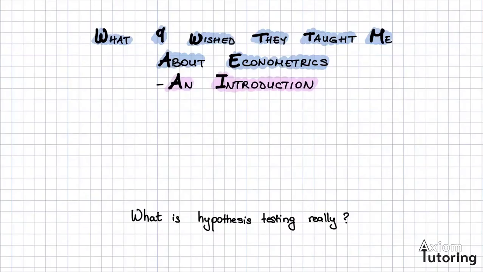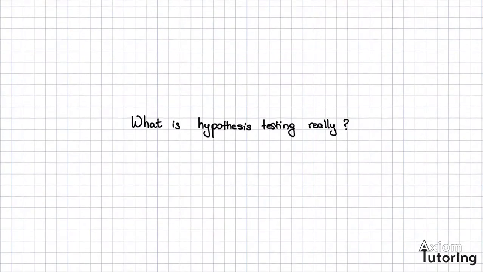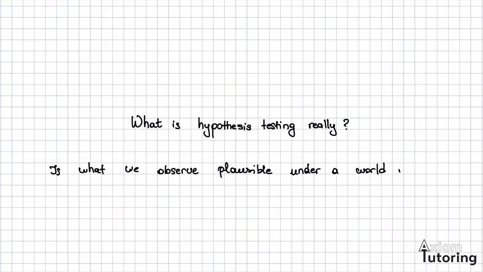So the problem is not about did we get a zero or did we not get a zero for that relationship. The problem that we have is, what we observe, is it plausible under a world with no effect?